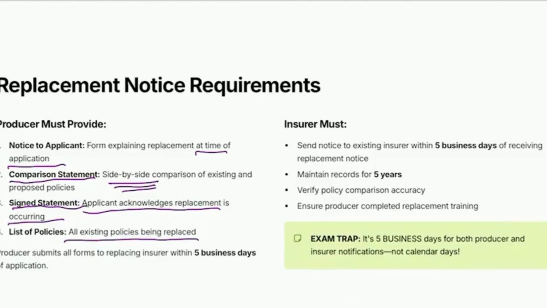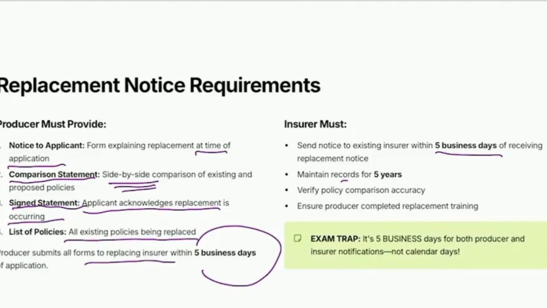And the producer must submit all forms to the replacing insurer within 5 business days of the application. So send notice to the existing insurer within 5 business days of receiving the replacement notice and maintain records for 5 years. Verify policy comparison, accuracy, and ensure the producer completed the replacement training.